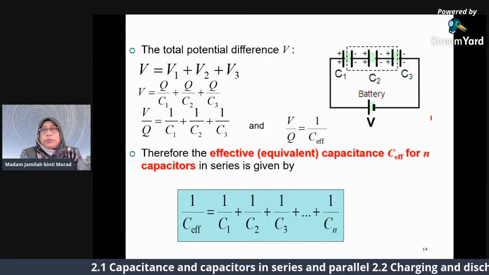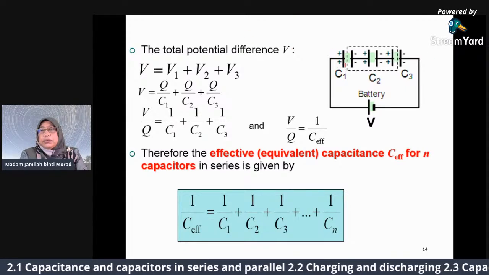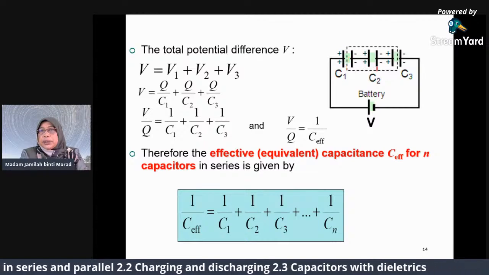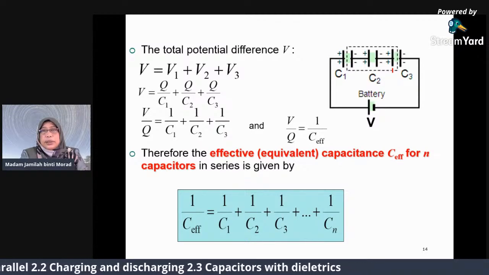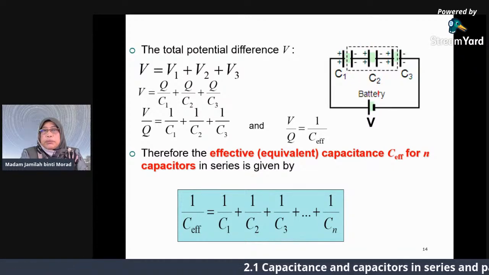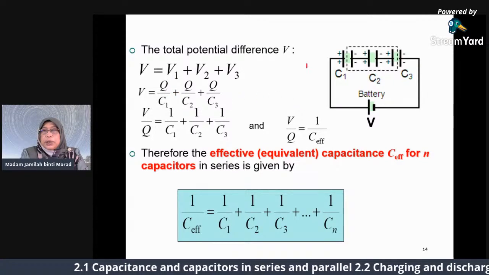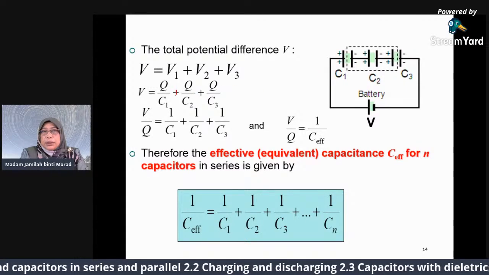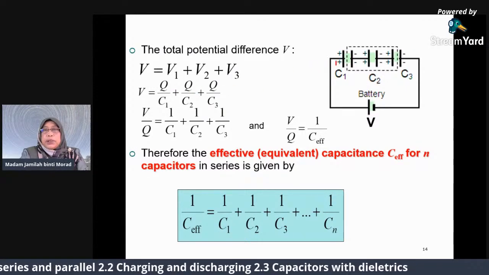The total potential difference across C1, C2, C3 arranged in series: just now as I said, the total voltage across these three capacitors equals the voltage of the battery. Each capacitor gets the same amount of charge accumulated on each plate.